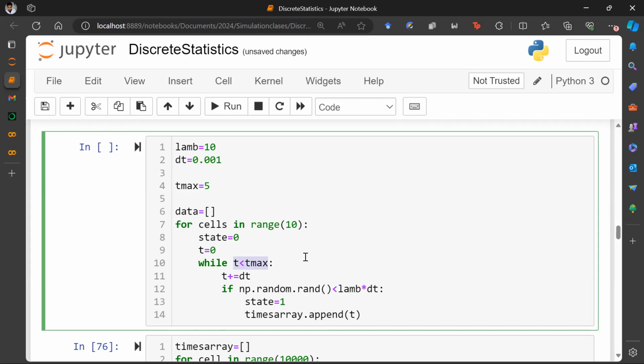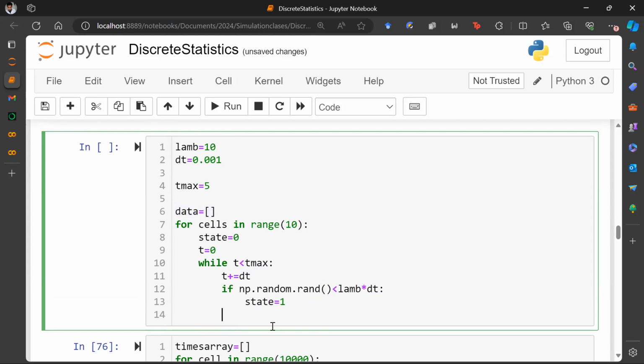We're going to finish the simulation at time Tmax. Time, I add a delta t, and if the event occurs, the state becomes 1. Otherwise, nothing happens.